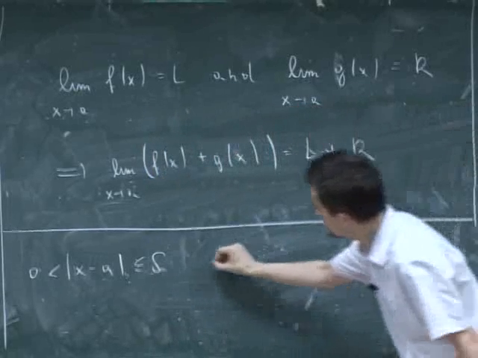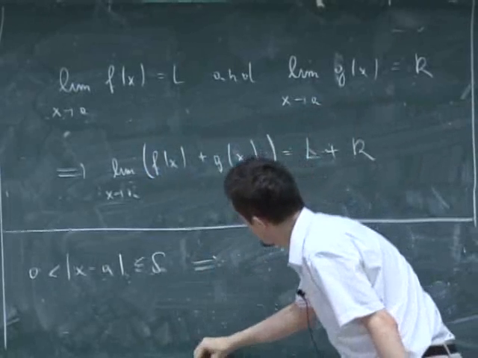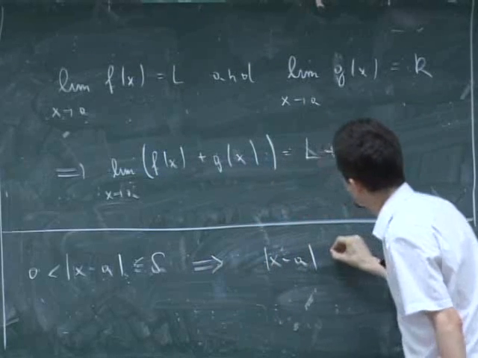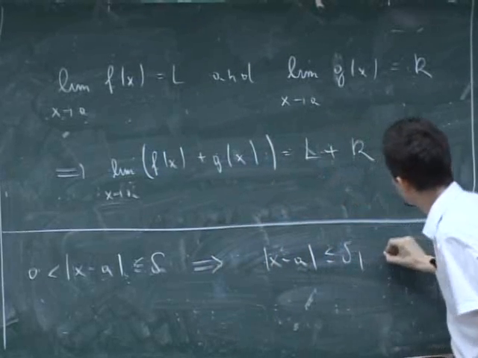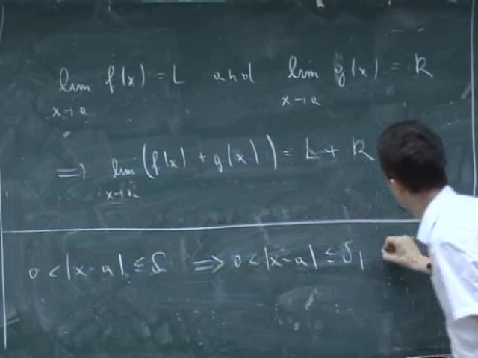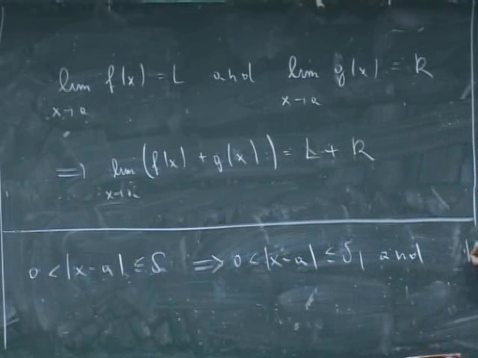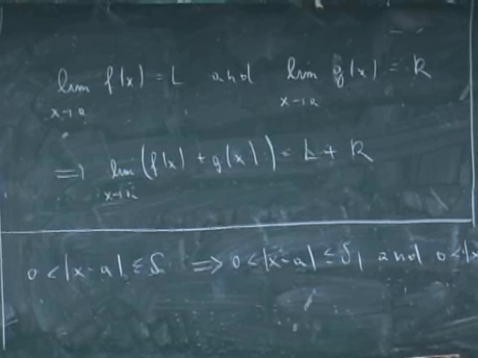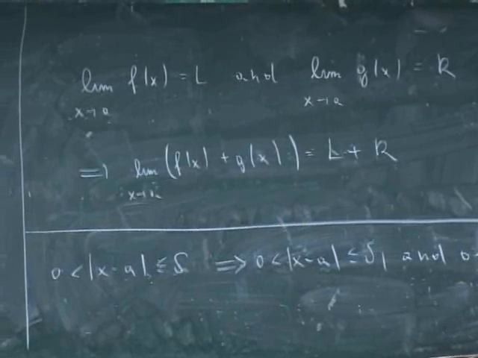Then from this relation, you will get that the distance between x and a is smaller or equal than delta 1, of course larger than 0, and the distance between x and a is smaller or equal than delta 2 as well.